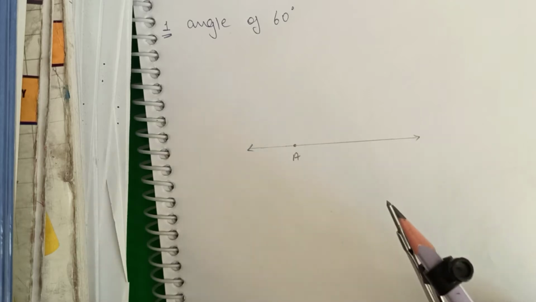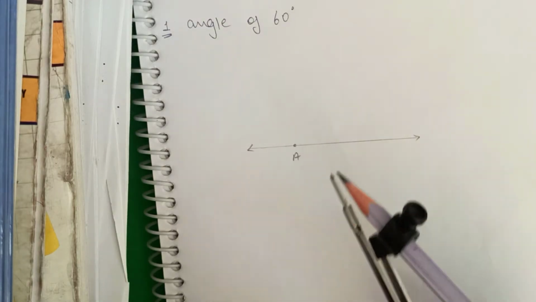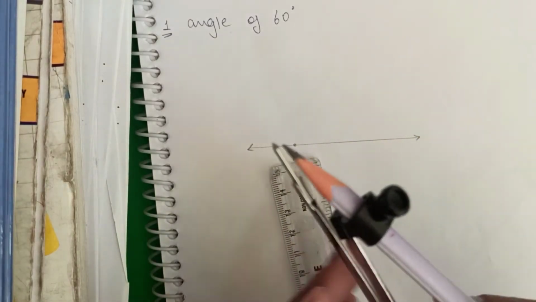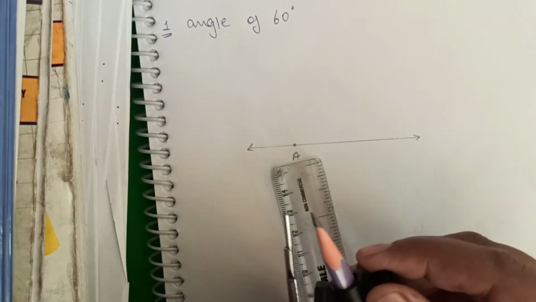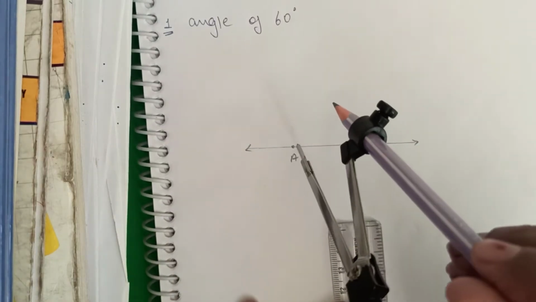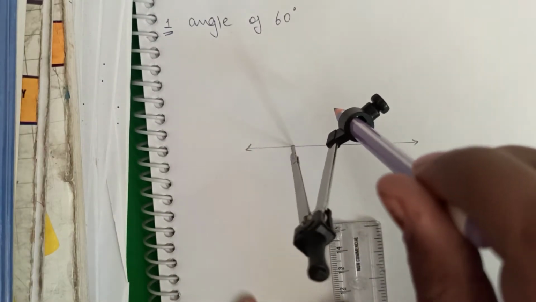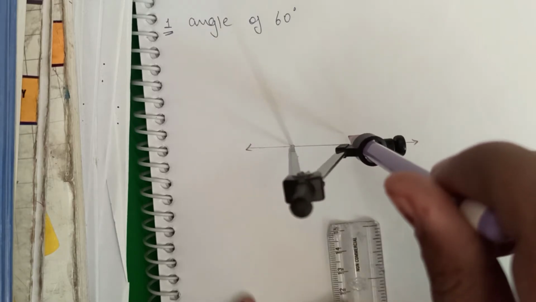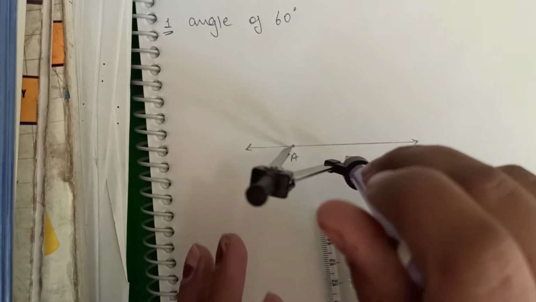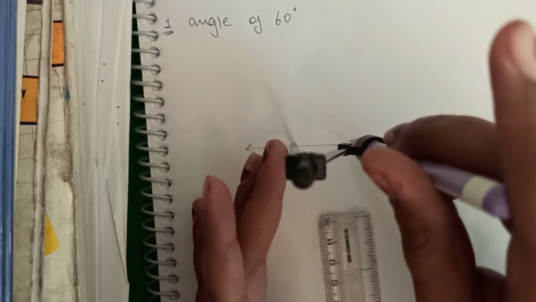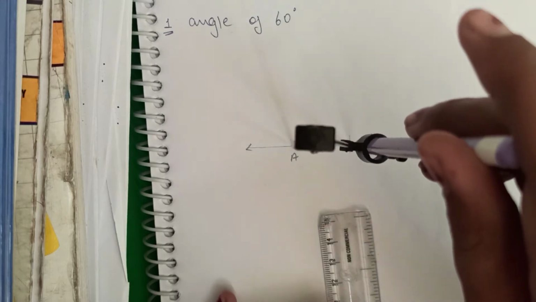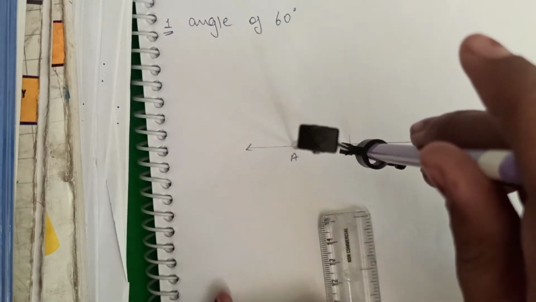After that, with A as the center, open your compass of any length. I will open it this much, right? Now, put it on point A and draw an arc that intersects the line like this.